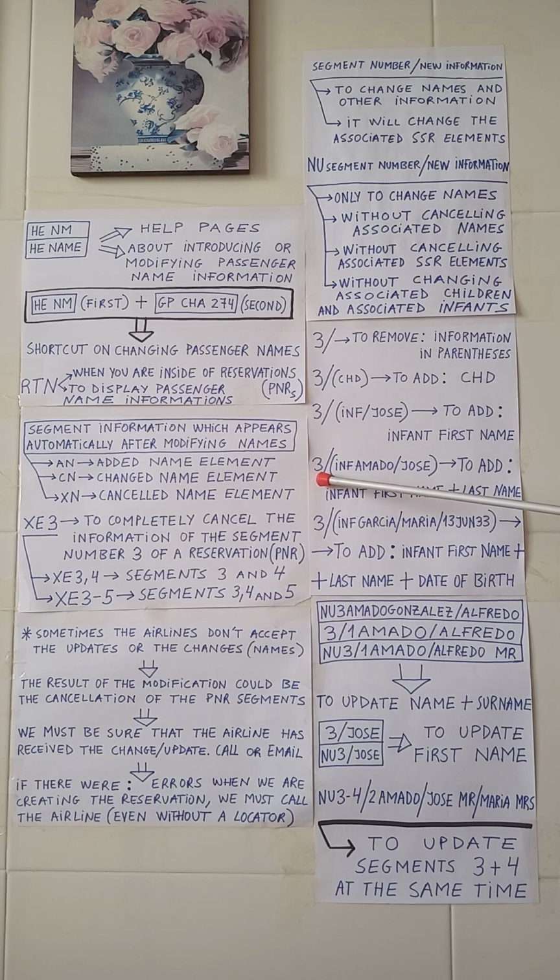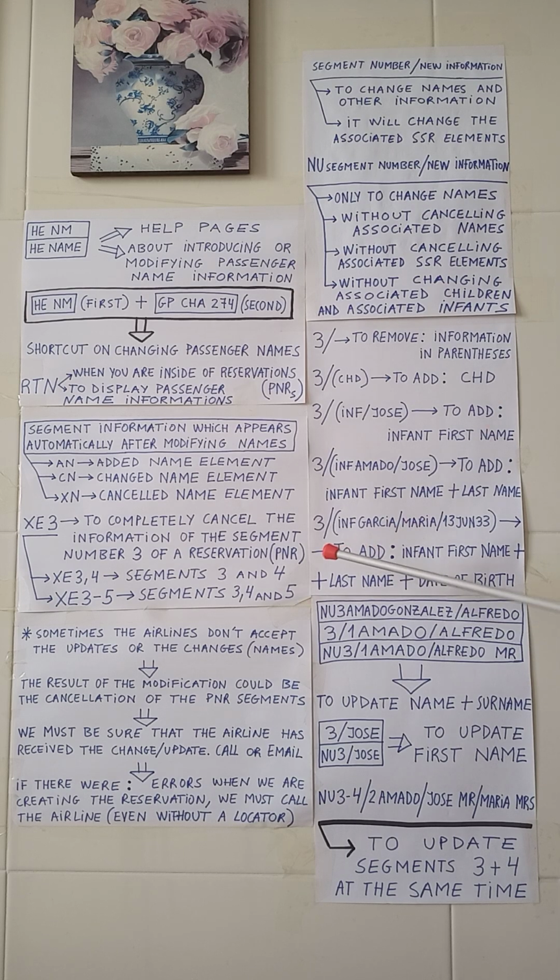Another example, 3/ we open the parentheses, INF Amado/Jose, and we close the parentheses, allows adding the baby indicator code, the baby's last name, and the baby's first name to segment number 3.